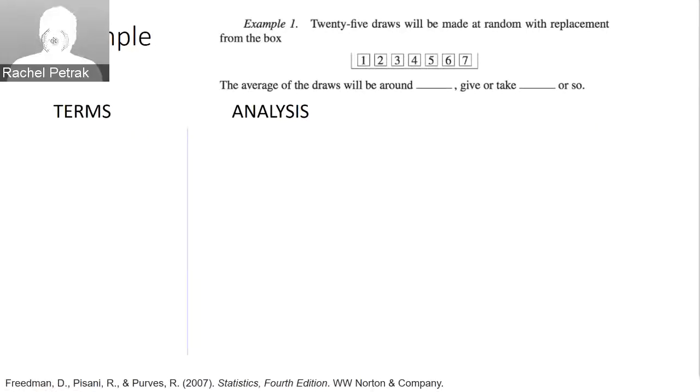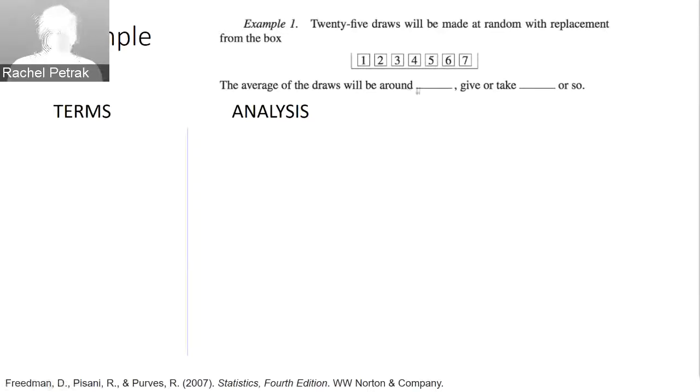Here we have an example with 25 draws made at random with replacement from this box where each number 1 through 7 is represented one time. And we need to find the average of the draws.